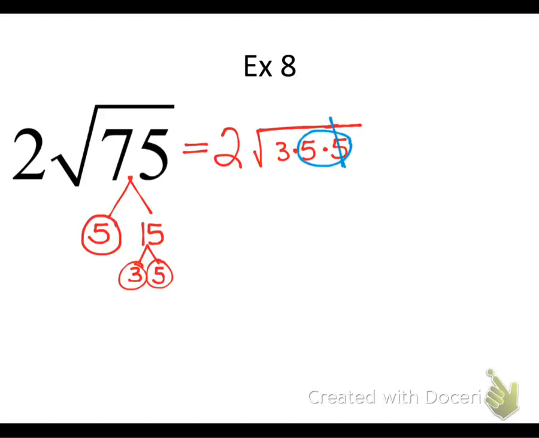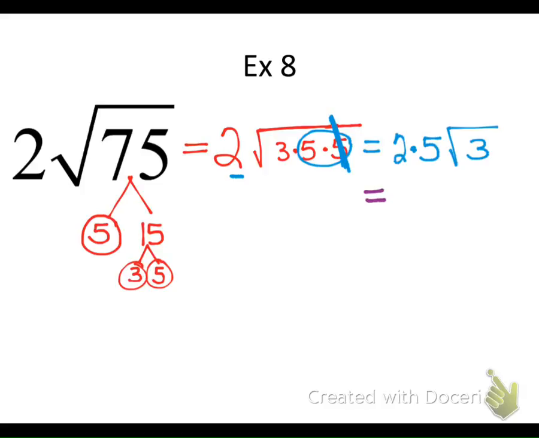Okay, so that second number cancels out with your square root sign, and it becomes a single number in your coefficient. Now, how many coefficients do I have here? 1, 2. 2. So we can't forget the coefficient that we originally started with. So we're going to have 2 times 5. Then I have a square root. What's still left in my square root? 3.